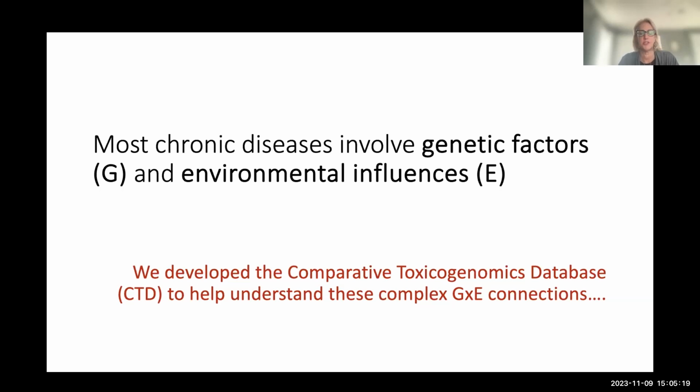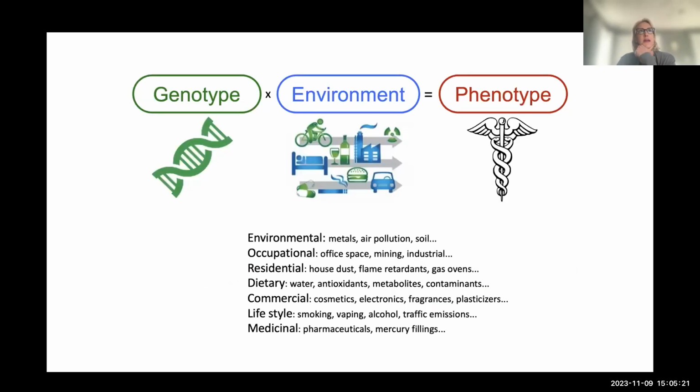I'm going to show you a little bit about how it's structured and the data that's in it. I think this is an audience that's familiar with the concept of genotype interactions with the environment and how that's going to result in phenotypes or diseases. And the environment can clearly be defined in very broad ways, from environmental and occupational exposures to lifestyle factors.